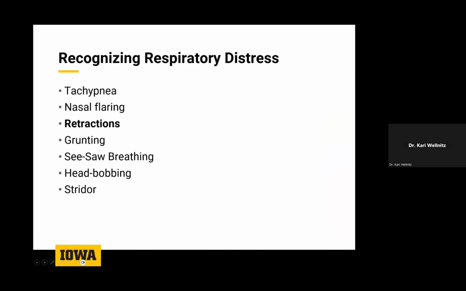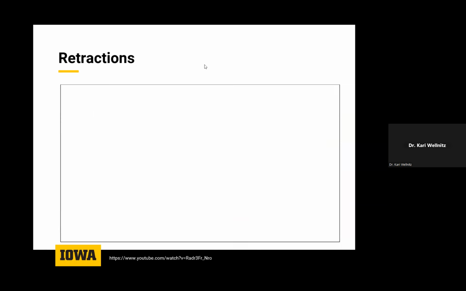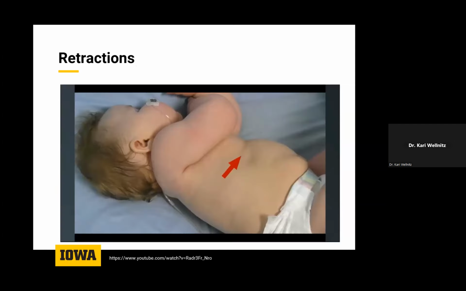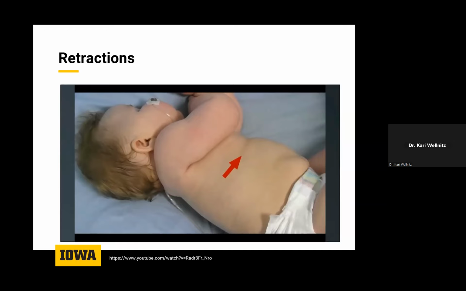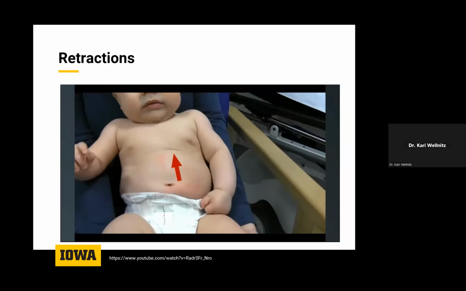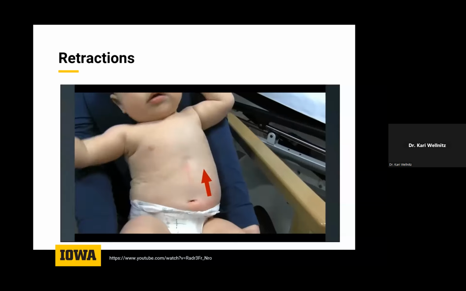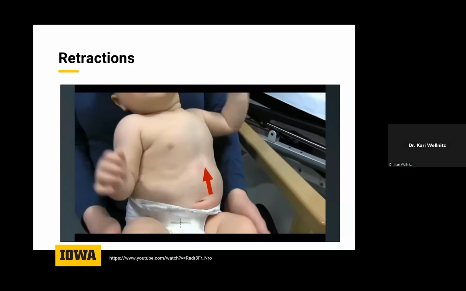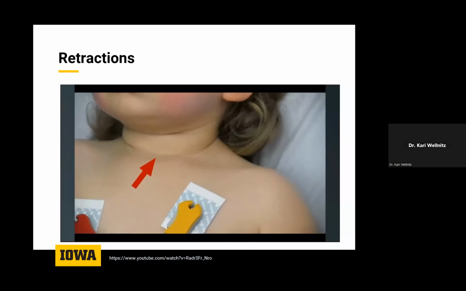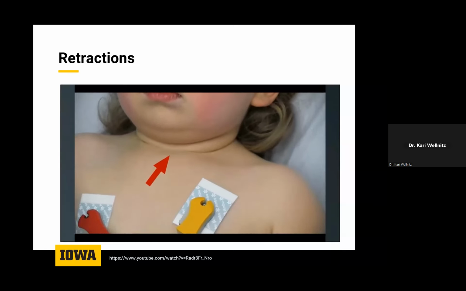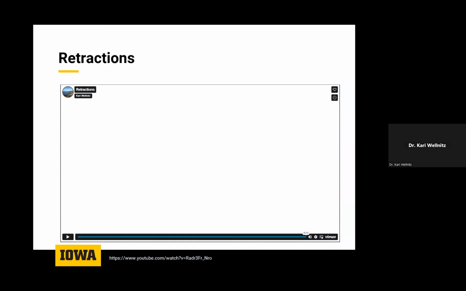Okay, on to retractions. Retractions are a collapse of soft tissue because of muscular effort. It's just another way that infants and children are trying to increase their tidal volume. Young infants have very compliant chest walls, so you may actually see retractions around the sternum.